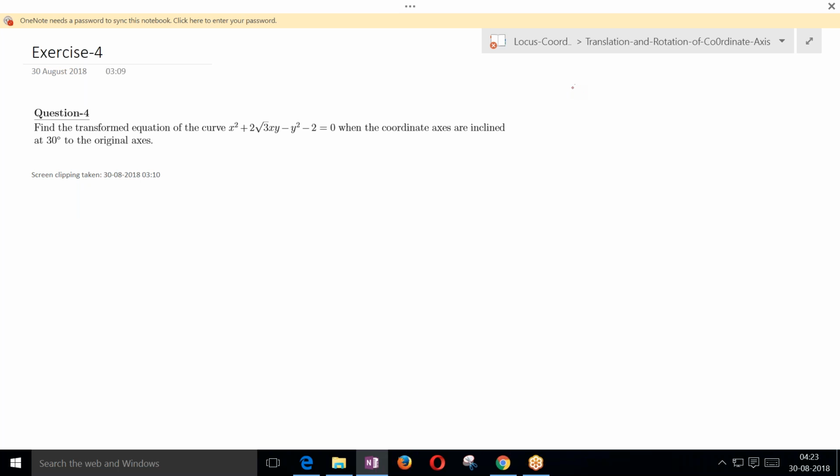Let me, in this question, do it with X dash. X dash is equal to X cos theta plus Y sin theta.